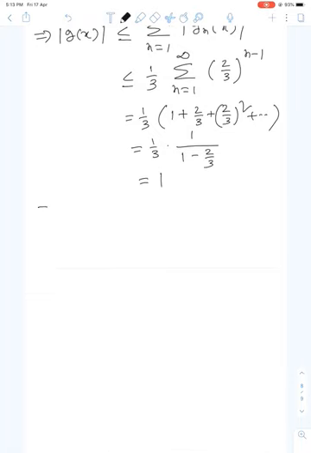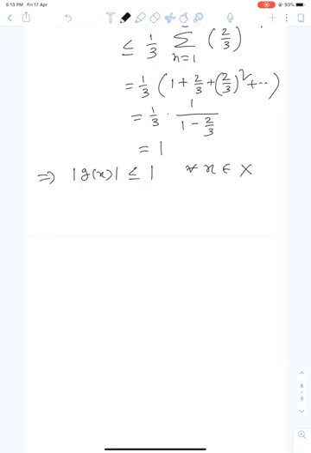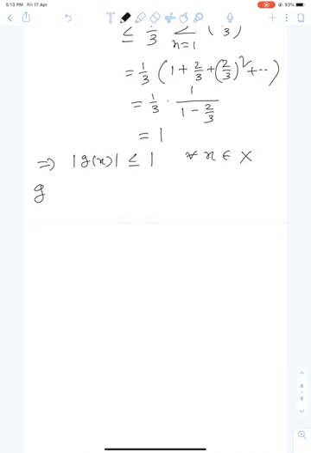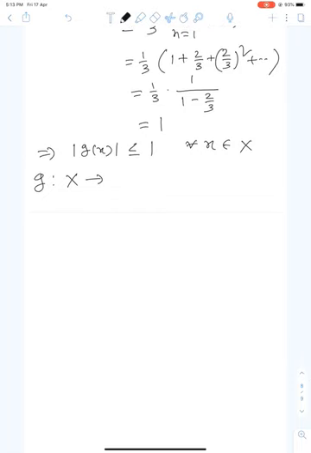So that implies |g(x)| ≤ 1 for all x belongs to X, right? So we can say g is a function from X to [-1, 1]. Now this part is done.